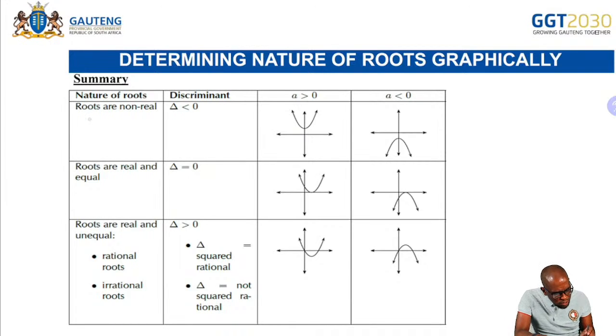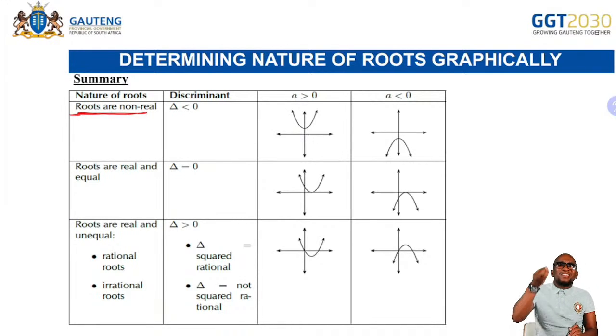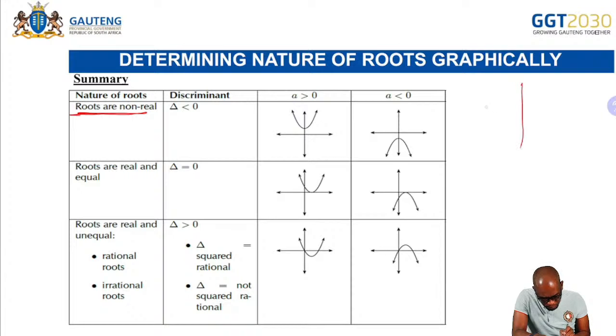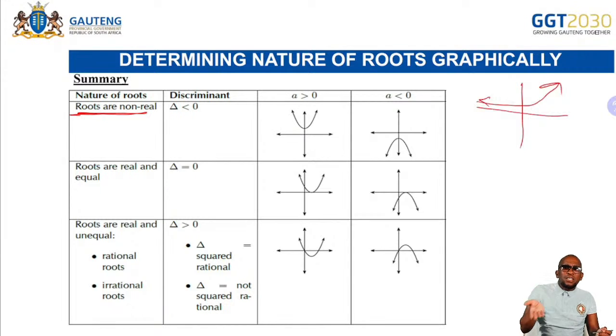Now, let's first check what it means for us when we have a quadratic function. What does it mean when they say roots are non-real? They are saying to you the graph does not cut the x-axis, irrespective of whether it's an exponential graph, or a parabolic graph, or a trig graph. When roots are non-real, the graph should not intersect the x-axis.